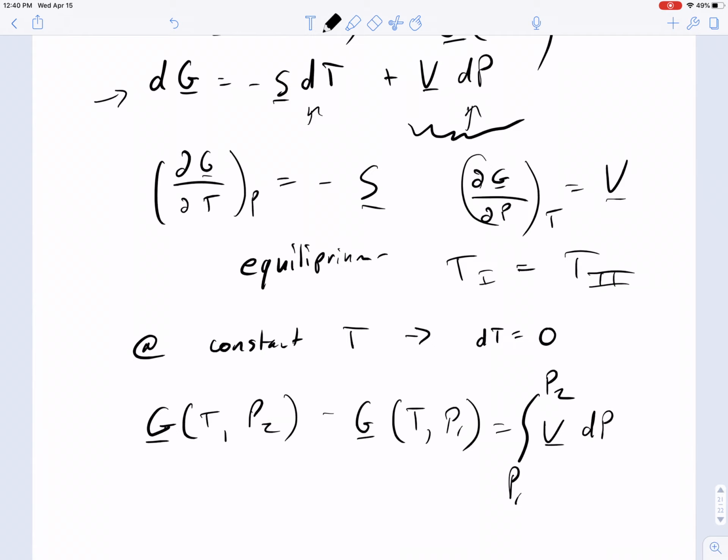We have to do this calculation because initially we don't know where the isobar is. We don't know what P1 and P2 are. So we need to break this into smaller component pieces.